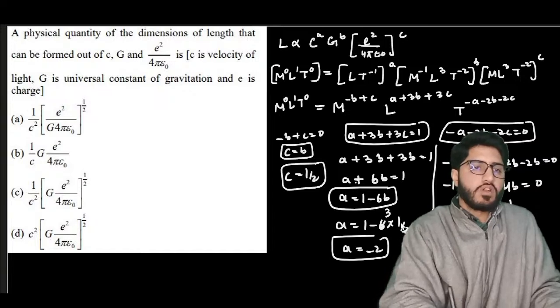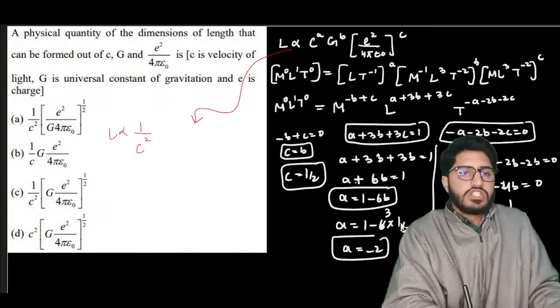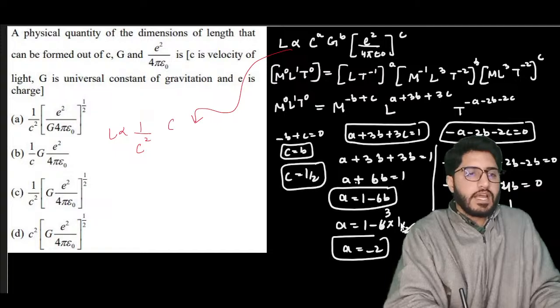That is reciprocal of this, right? So I can do this one now. Look. So L proportional, it is 1 by C square. G is power B. B is equal to 1 by 2. So it's 1 by 2. So I can write it G like this. G 1 by 2.